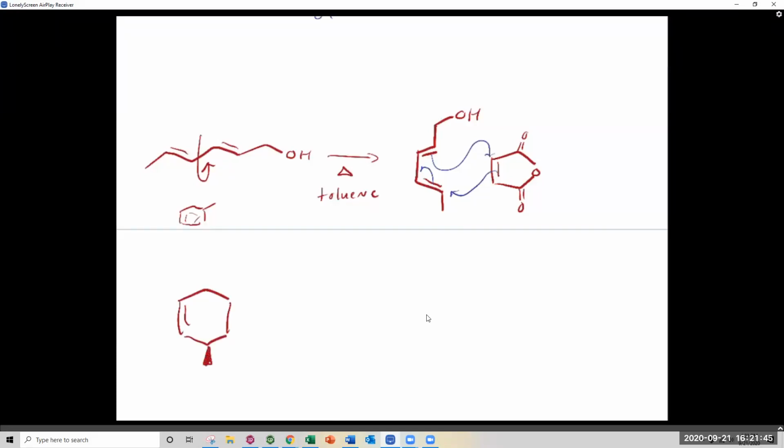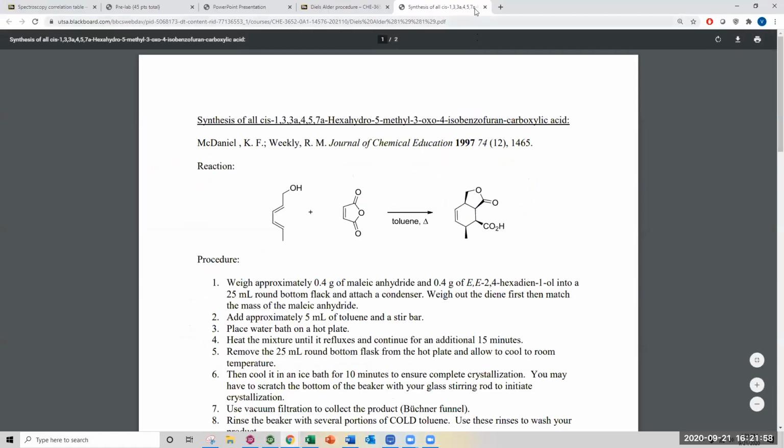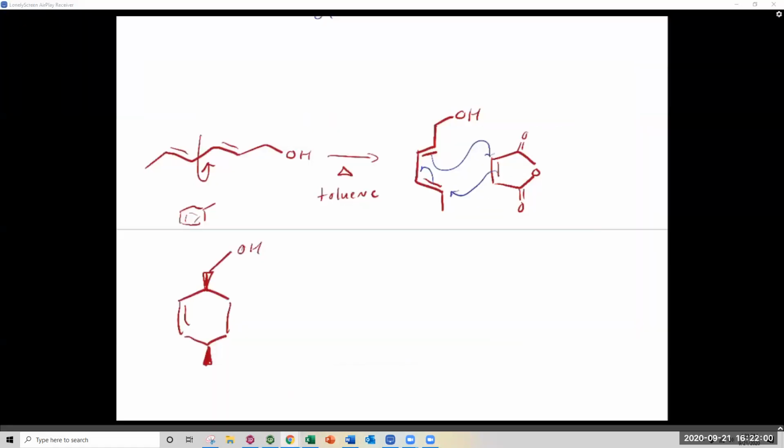What we notice is that all of these substituents are coming off in these so-called all cis. It's probably easier just to draw this in ChemDraw first as just a regular line form and then add the stereochemistry. So just draw it normal and then go ahead and add in all your stereochemistry.